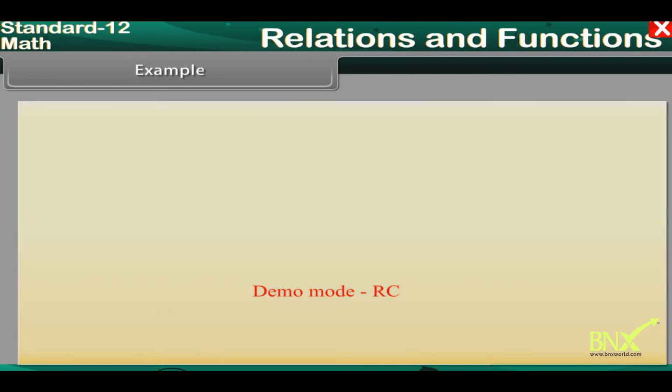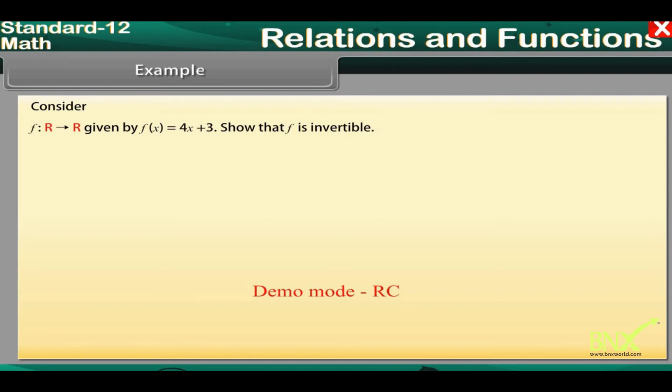Example. Consider the function f from R to R given by f(x) = 4x + 3. Show that f is invertible. Answer.